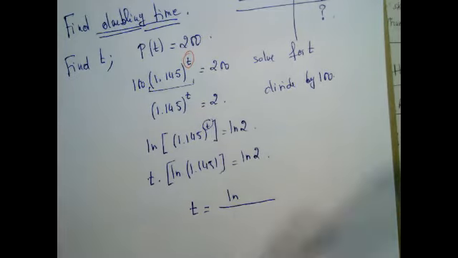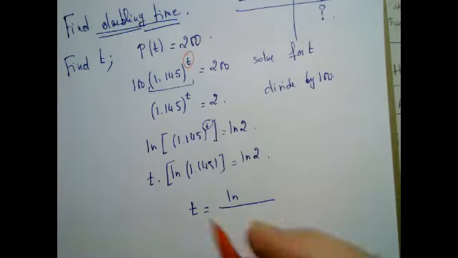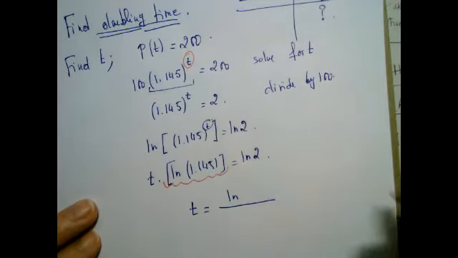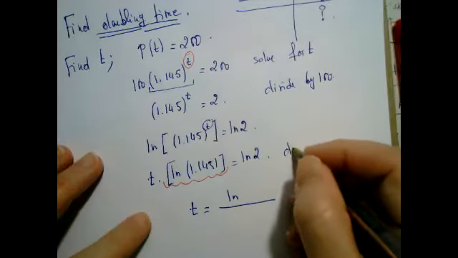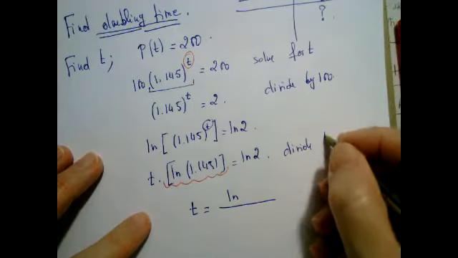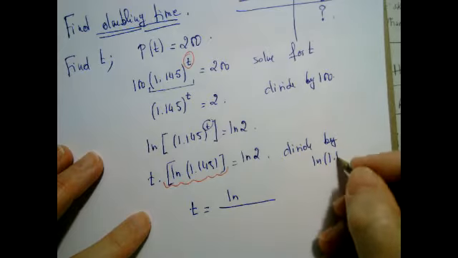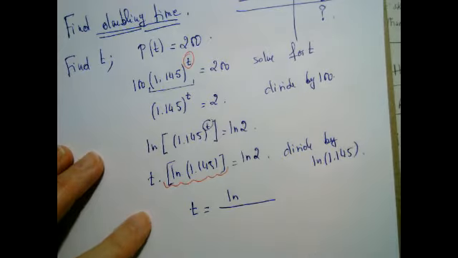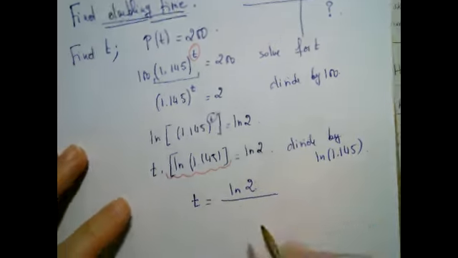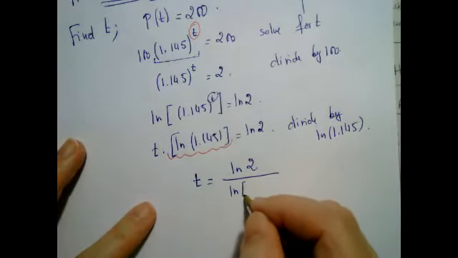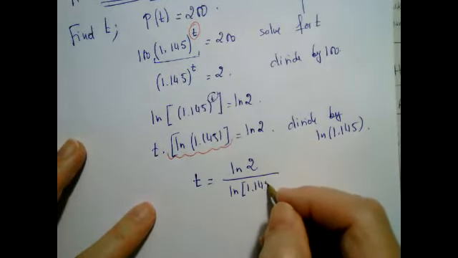And now I solve for t. Remember that this is a number here. That's a number. So I divide by it. So we're going to divide by the ln of 1.0145. So it's going to give me the ln of 2 divided by the ln of that.